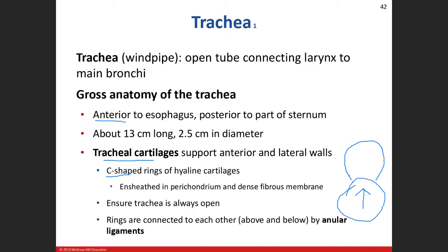It gives it a little bit of room to move into the posterior portion of the trachea. But keep in mind that these C-shaped rings are made of hyaline cartilage, and hyaline cartilage does have a perichondrium. It ensures that the trachea does not collapse and that it's always patent, or open.